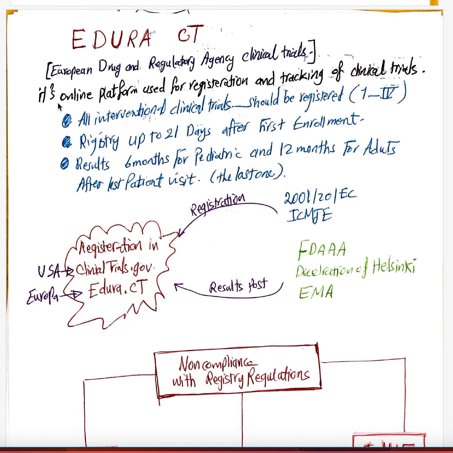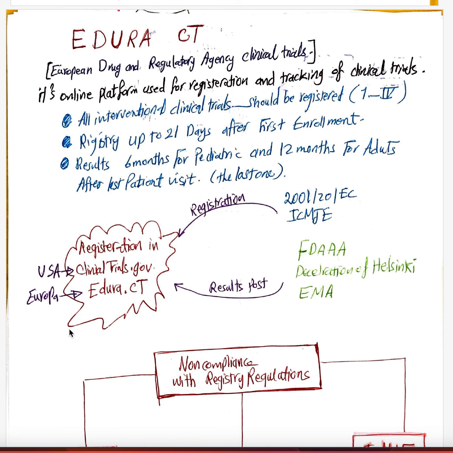What is it? It's actually a platform that is important for the registration and tracking of a clinical trial. If we wanted to register our clinical trial, we have to register it in EudraCT, but that only belongs to Europe.